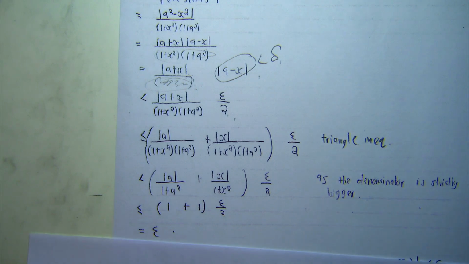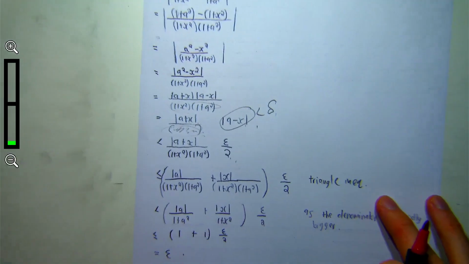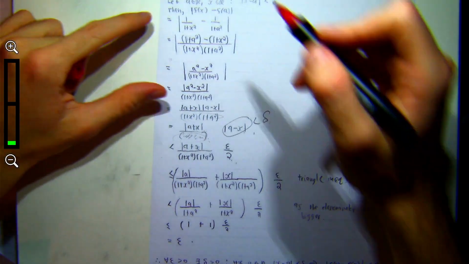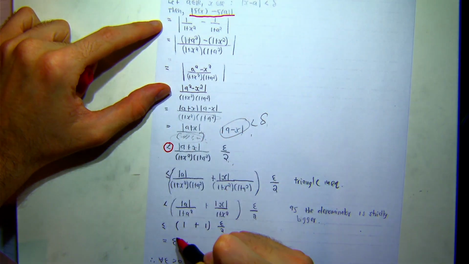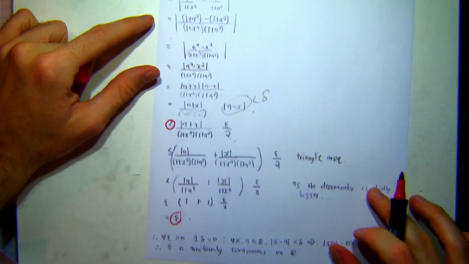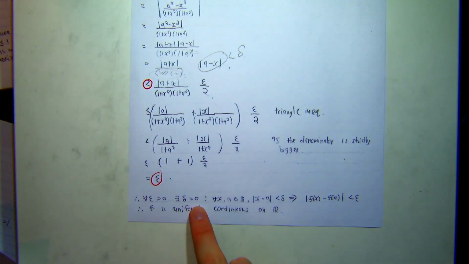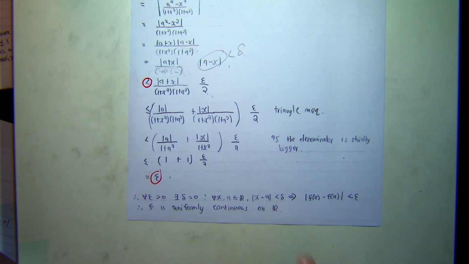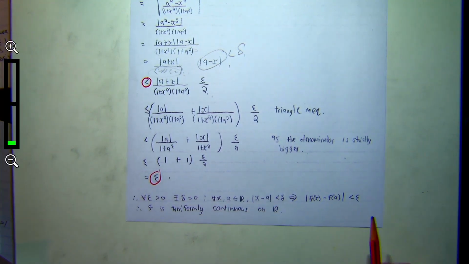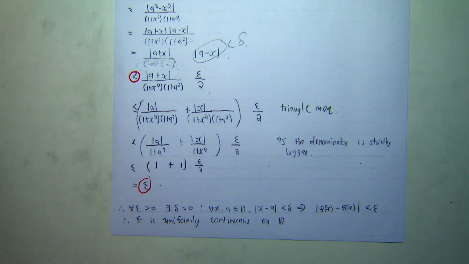And then the whole chain of logic there gives us overall, if I scroll back up here, that this is strictly less than epsilon. So therefore, for all epsilon greater than 0, there exists a delta greater than 0 where any x and a that are real numbers, where |x minus a| is less than delta, implies that |f of x minus f of a| is less than epsilon. And that is our definition for f to be uniformly continuous.